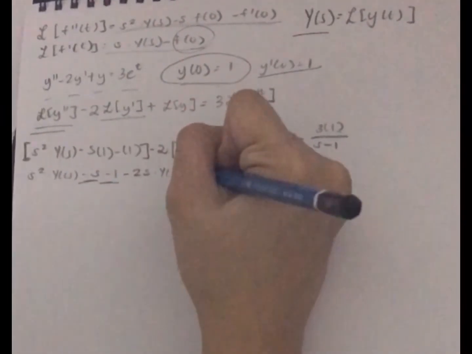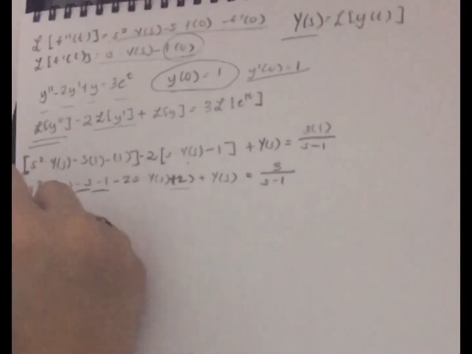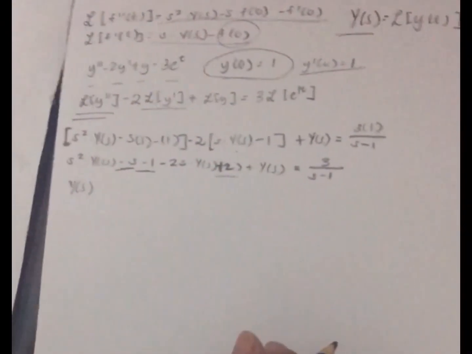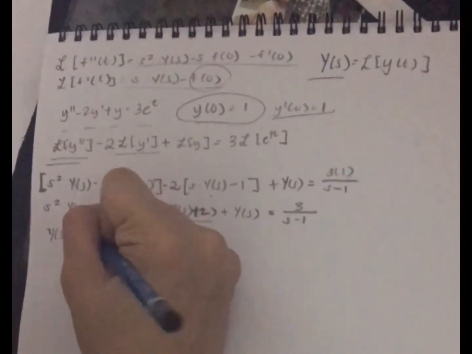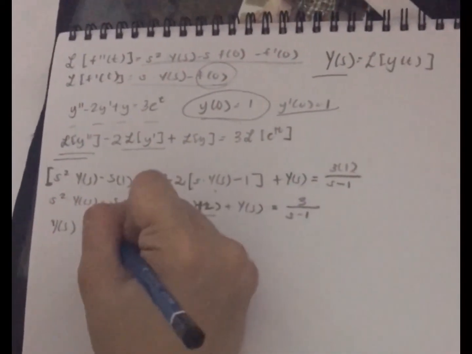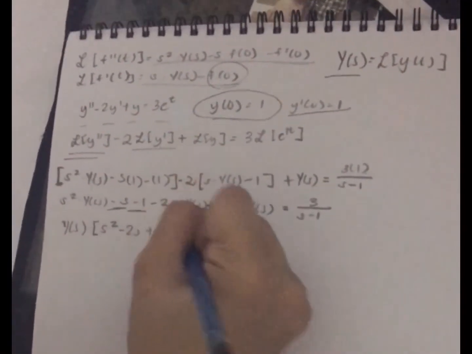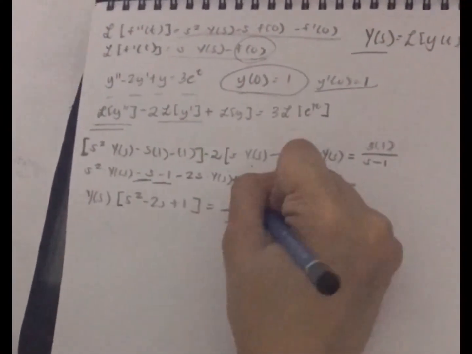This should be plus. Okay, and let's put y of s outside since it is the common multiplier of these three terms, and just put the s squared minus 2s plus 1. And then we will have 3s minus 1, the transpose.